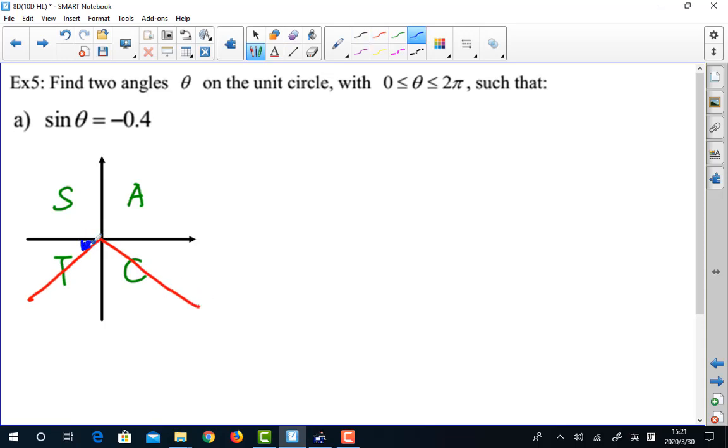Reference angle for the third quadrant is this one. Reference angle for the fourth quadrant should be this one. How can we find the reference angle? The reference angle should be sine inverse. Do not put the negative sign into the inverse.